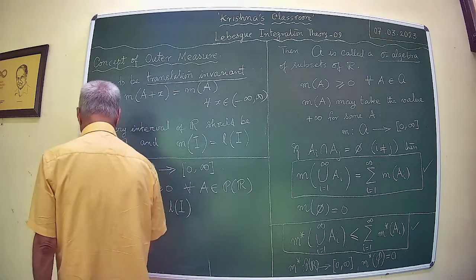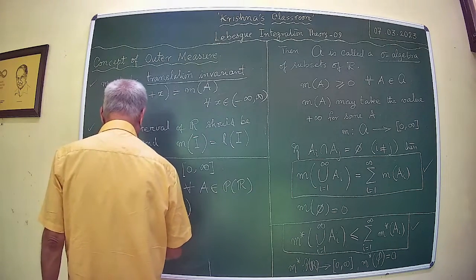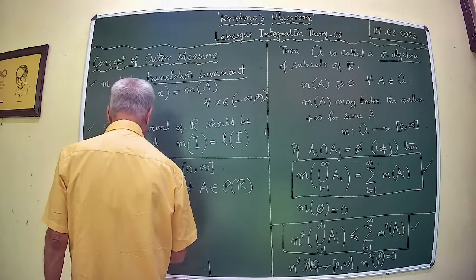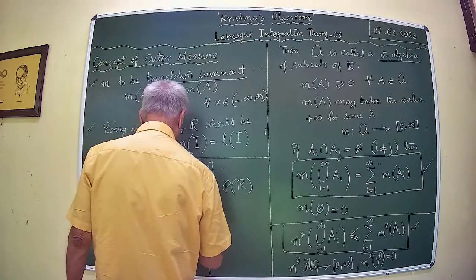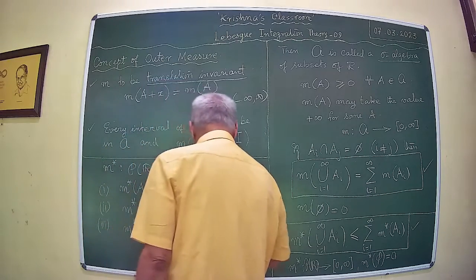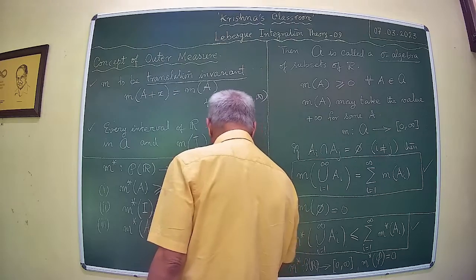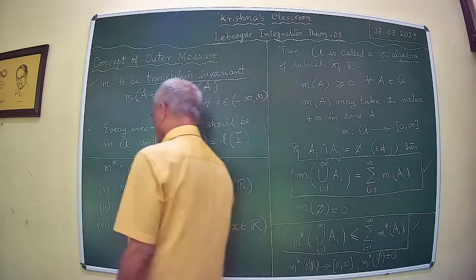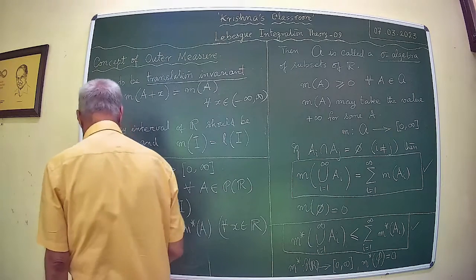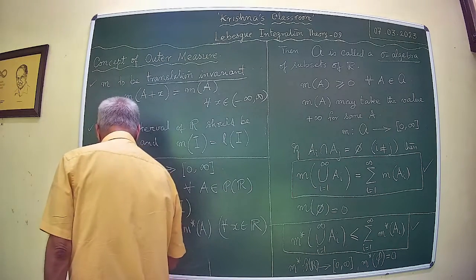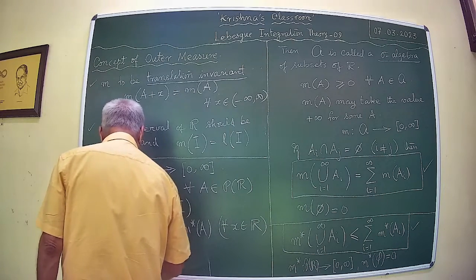The third criterion is that M star is translation invariant. The fourth property is that M star of the union of A i is at most the sum of M star of A i.